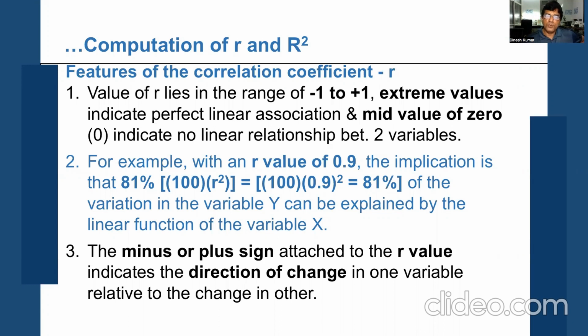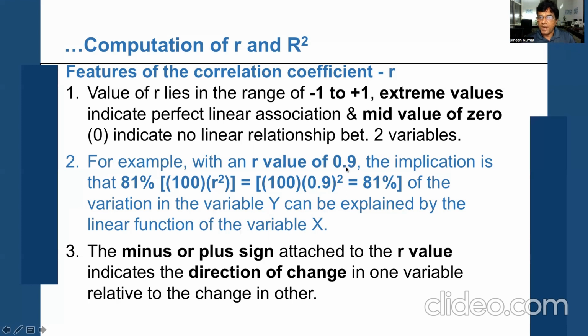Now, suppose you calculate the value of the correlation coefficient and you want to make some interpretation. What you can do is square the value of the correlation coefficient, and you can know the fitness level of the data, how well it has fitted the data. For example, with an r value, the correlation coefficient, of 0.9, you square it to make it the coefficient of determination.